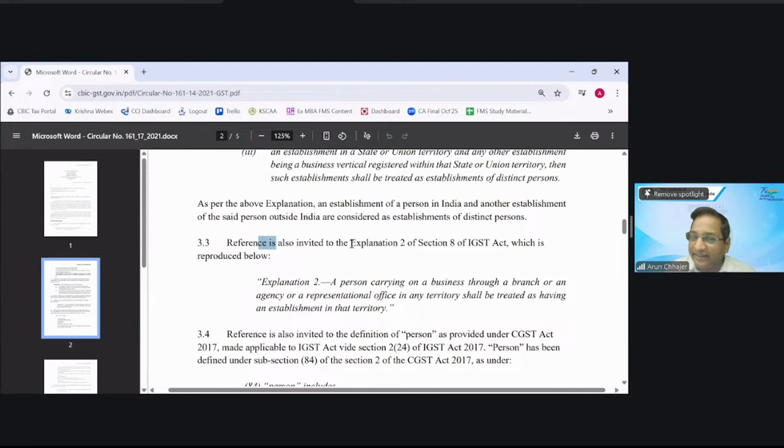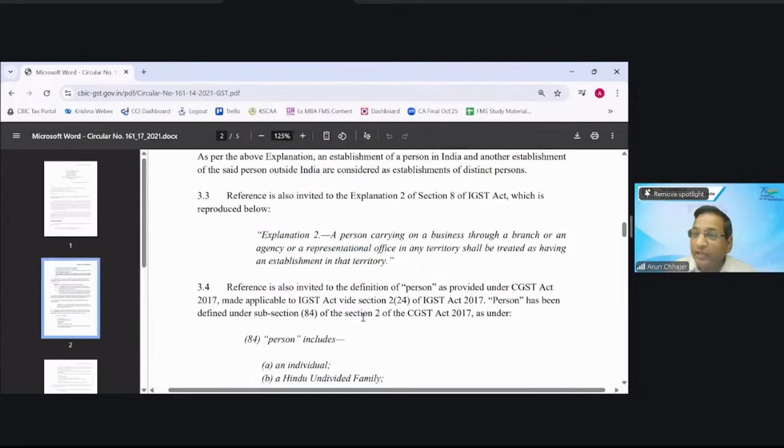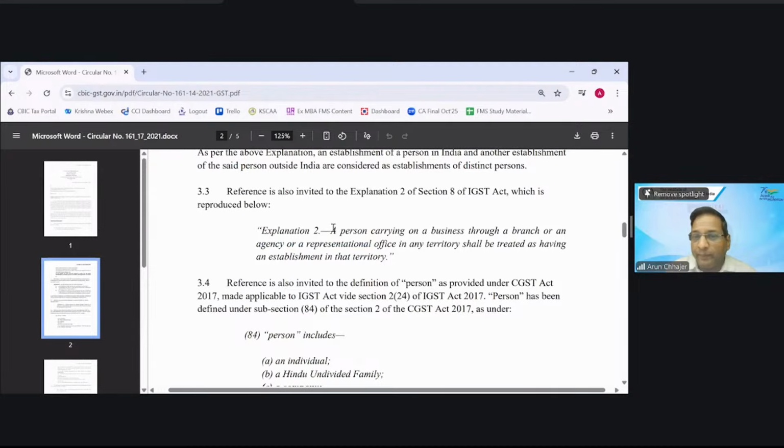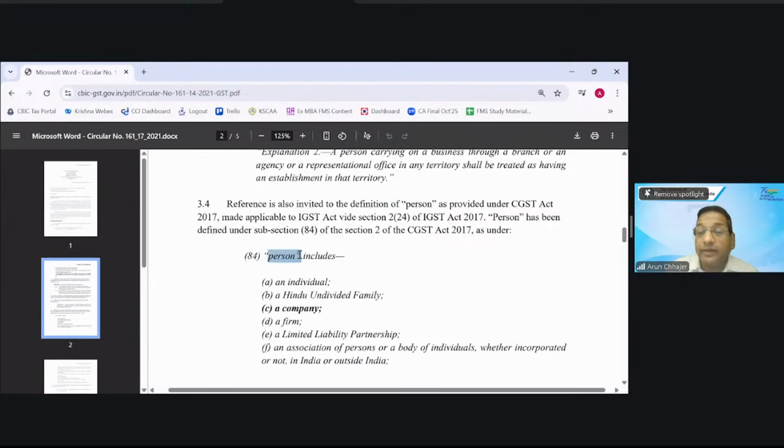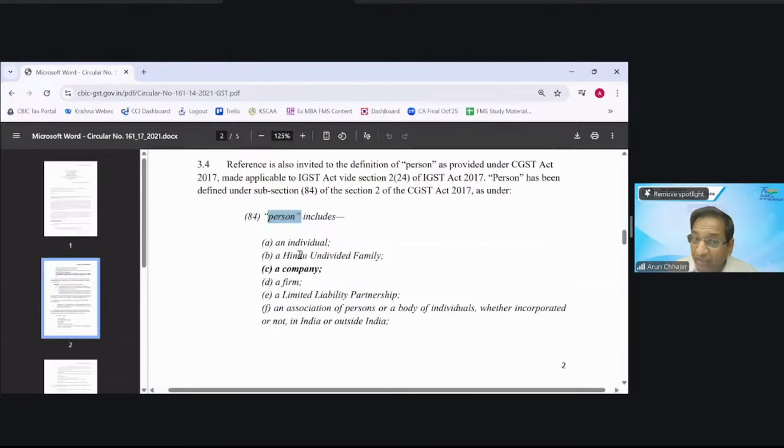They are saying a reference is also invited to explanation 2: a person carrying on the business through the branch, representative office, and agency. Three terms they have used. They've even linked the definition of the person. Person includes individual, HUF, and company.